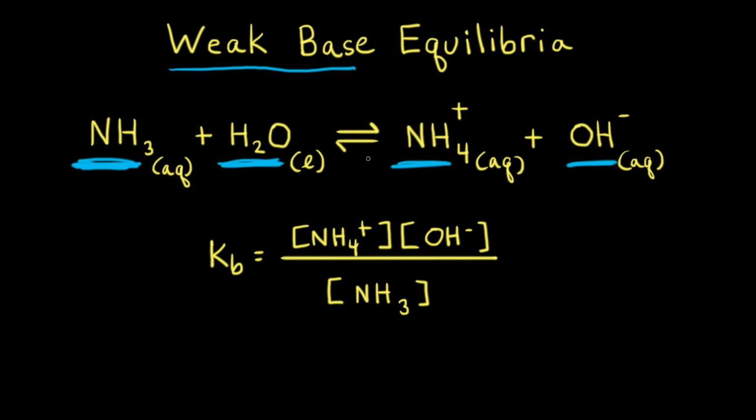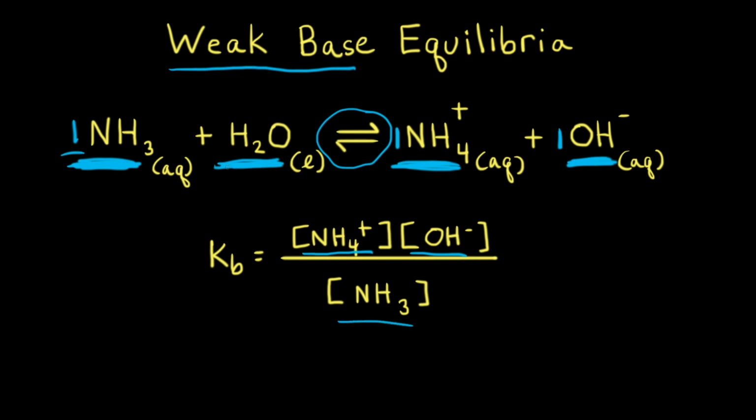This reaction comes to an equilibrium, so we have an equilibrium arrow in here, and we can also write an equilibrium constant expression. First we look at our products. We have NH4+, and there's a coefficient of 1 in front of it, so it'd be the concentration of NH4+ raised to the first power, times the concentration of the other product, hydroxide, which also has a coefficient of 1, so it's the concentration of hydroxide raised to the first power, divided by the concentration of ammonia, and the coefficient is also 1, so that's also raised to the first power.